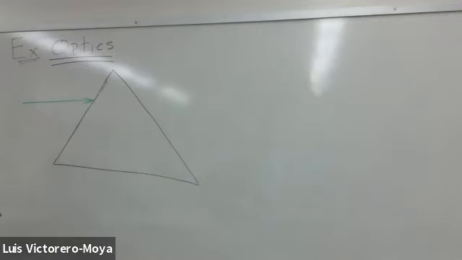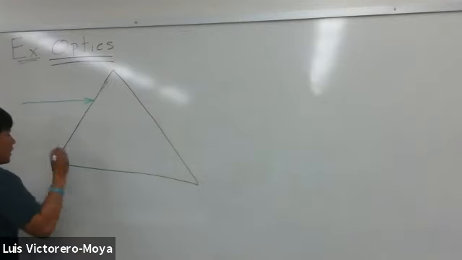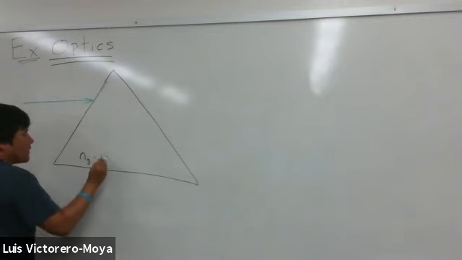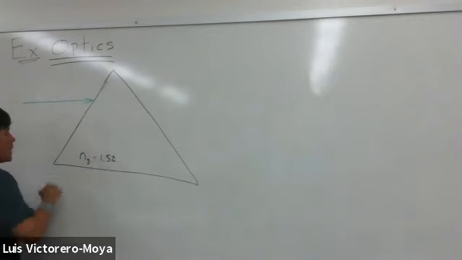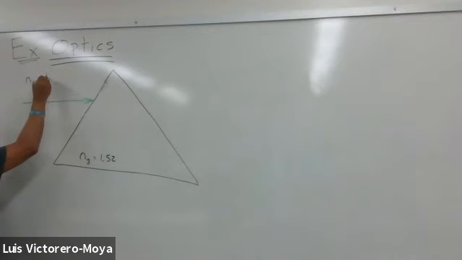So the idea is to find what's the angle of deflection if the value of n here for glass is 1.52. And here we're in air, so n of air equals 1.